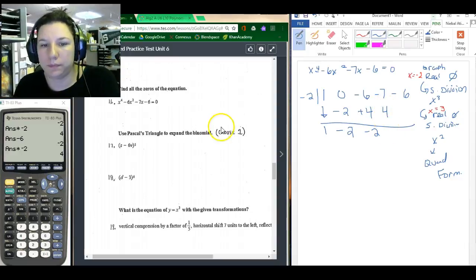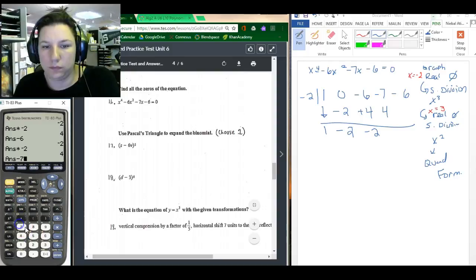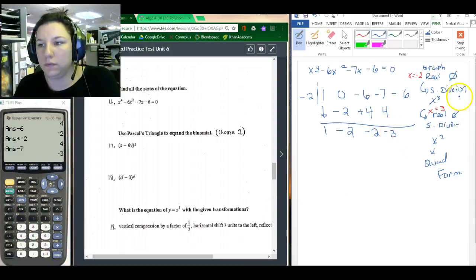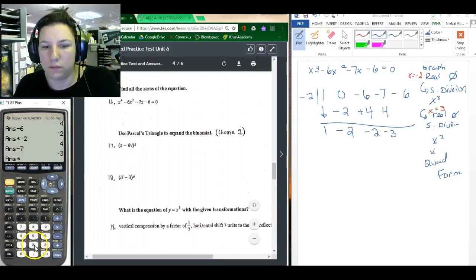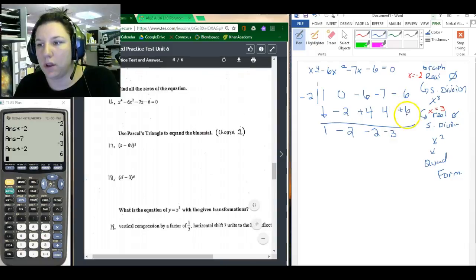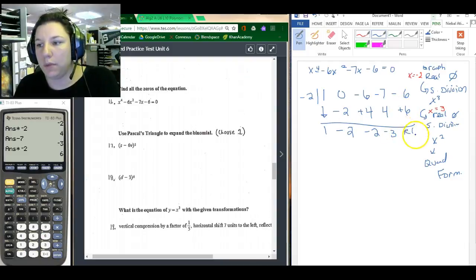Add those up. Okay, and if you have done it correctly, you should get a remainder of 0.